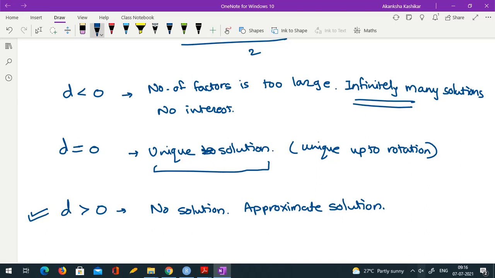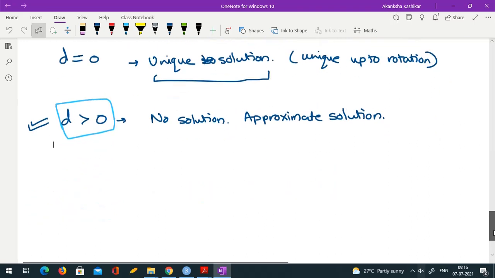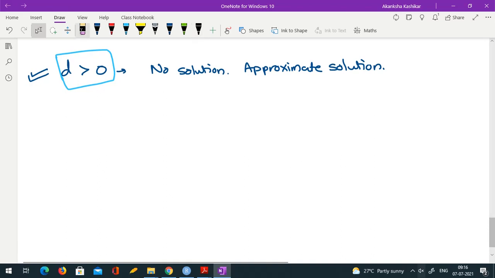Got the difference? So we will mostly be interested in d greater than 0, where there is no exact solution, but we find an approximate solution and rotate it if needed for interpretation. This is the basic concept of degrees of freedom in factor analysis.